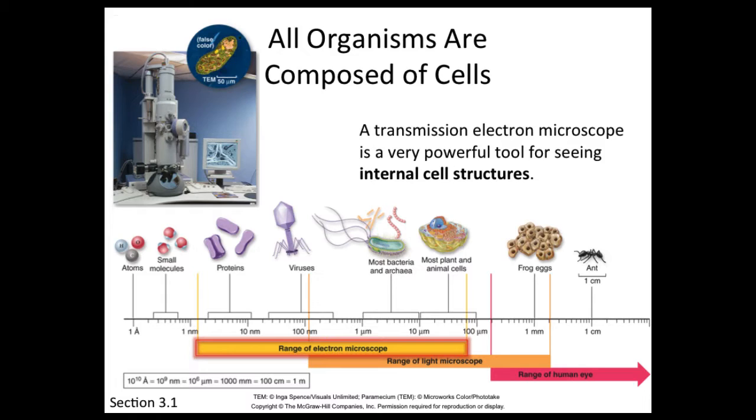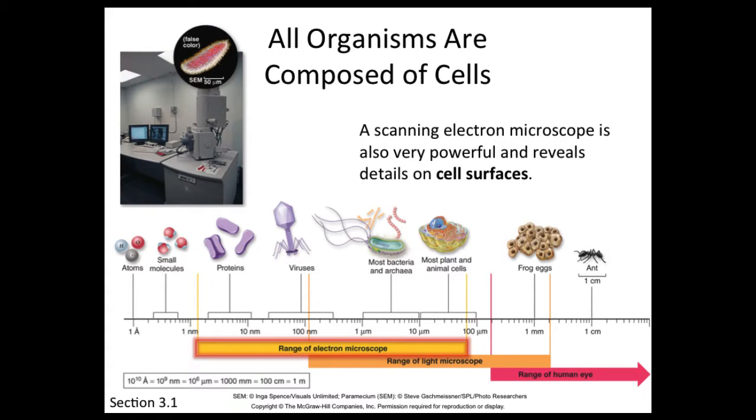Next, we're going to learn about some of the types of microscopes that we can use to look at cells. The first is called a transmission electron microscope. It's a very powerful tool that allows us to see the internal structures inside a cell in unprecedented detail. A scanning electron microscope is also very powerful.